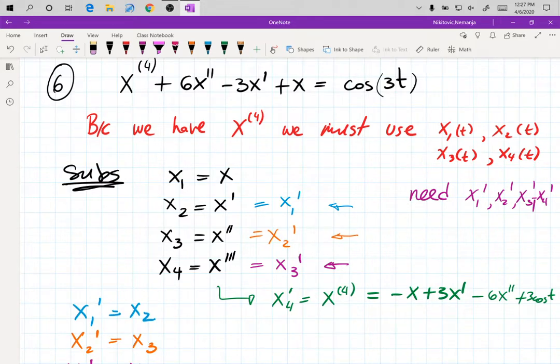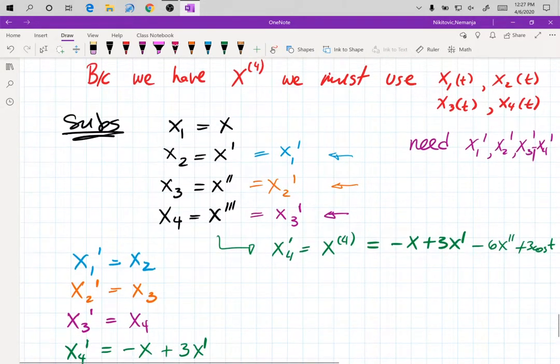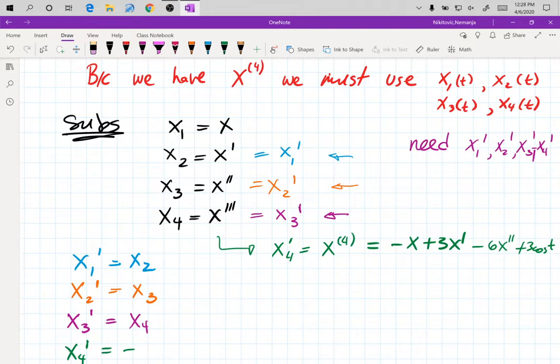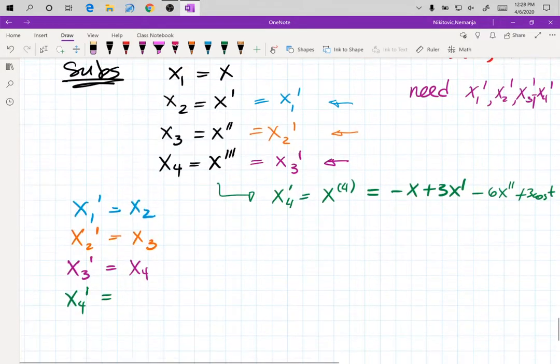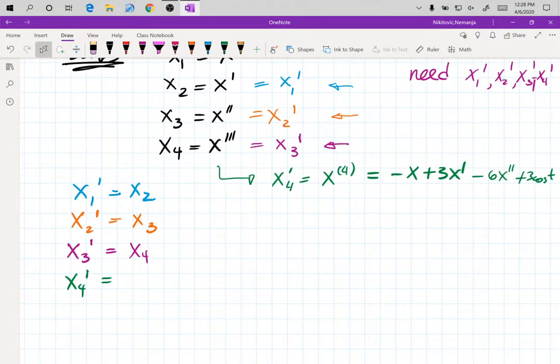Okay, plus 3 cosine t. So now, for the green equation, I just need to use appropriate variables. My negative x is negative x1. My x prime is x2, so plus 3x2.